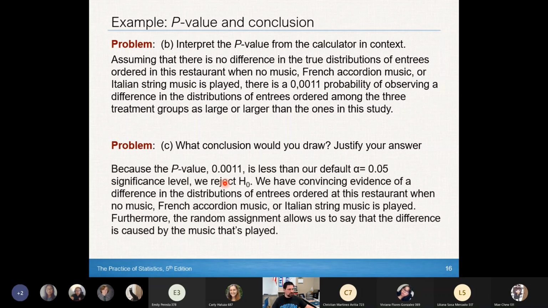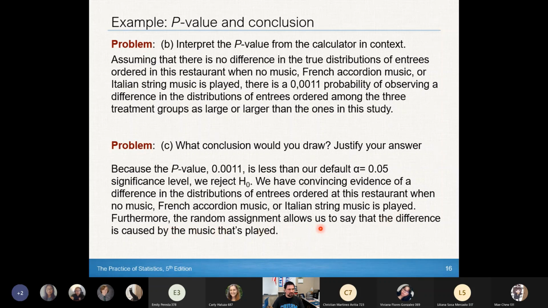What conclusion would we draw? Because the p-value 0.0011 is less than our default alpha equaling 0.05, we reject the null hypothesis. We have convincing evidence of a difference in the distributions of entrees ordered at this restaurant when no music, French Quarter music, or Italian string music is played.